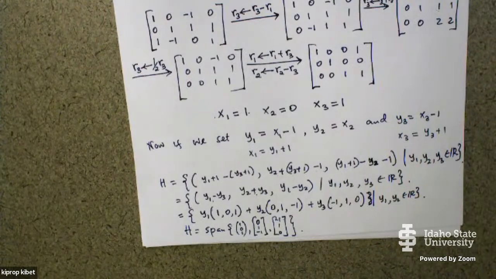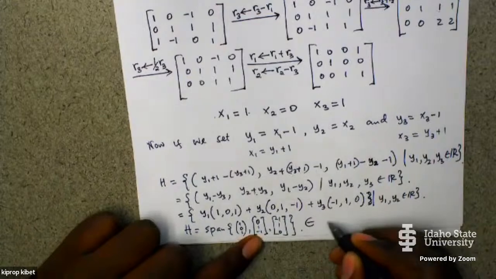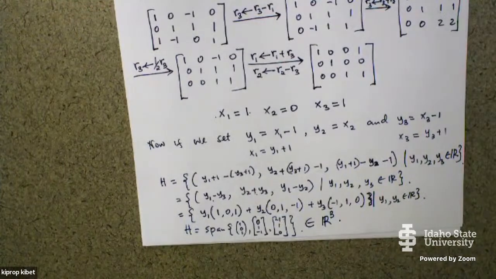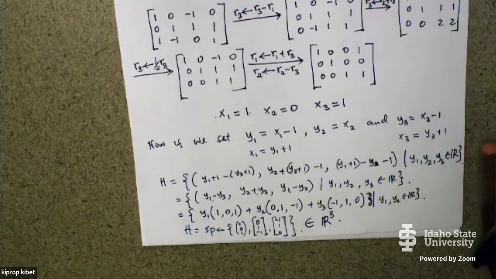Using the definition and the theorem that we did up there, since these are 3 vectors, this is spanning R3. So this is an element of R3, since we have 3 vectors. So it means that this H is now spanning R3.